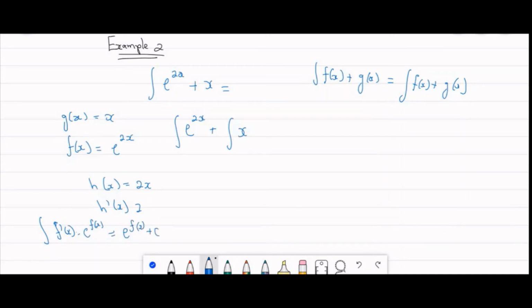So in this case, h prime of x is 2 multiplied by e to the power 2x, an integral, plus an integral of x. If we integrate x, we'll have x to the power 1 plus 1 over 1 plus 1.